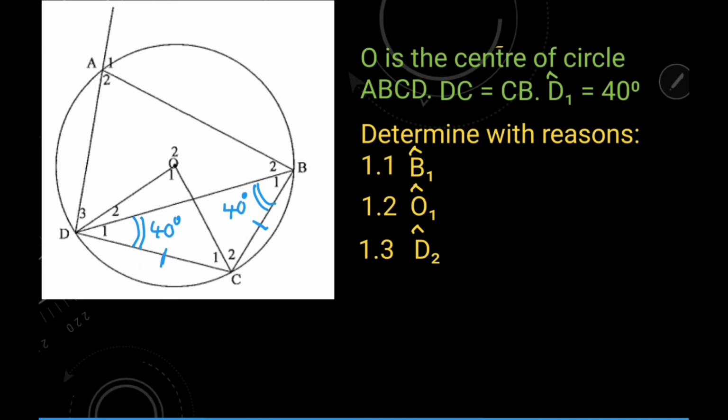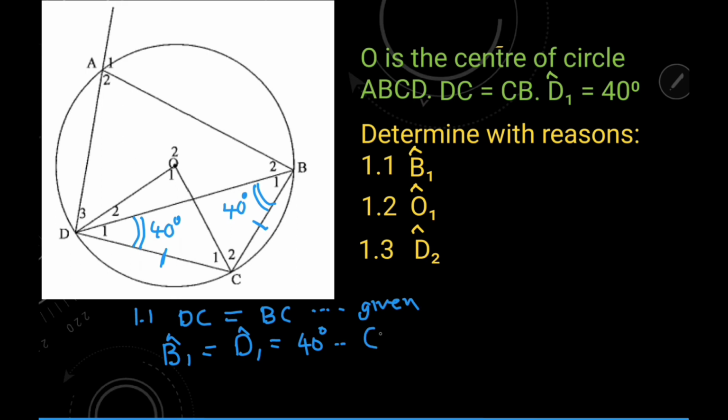Okay. So we're going to say DC is equal to BC. That's given. Then we're going to say now B1 is equal to D1, 40 degrees.